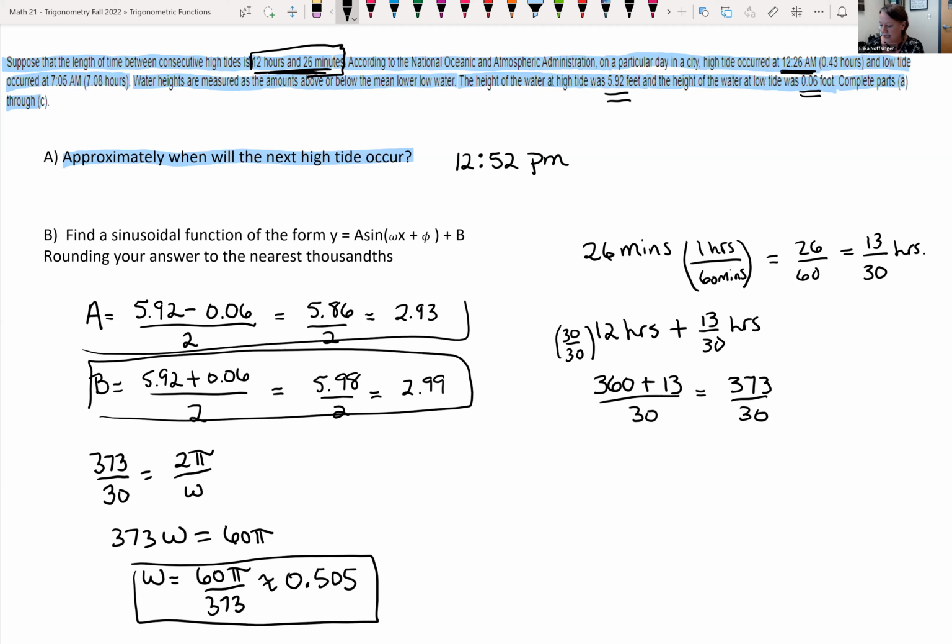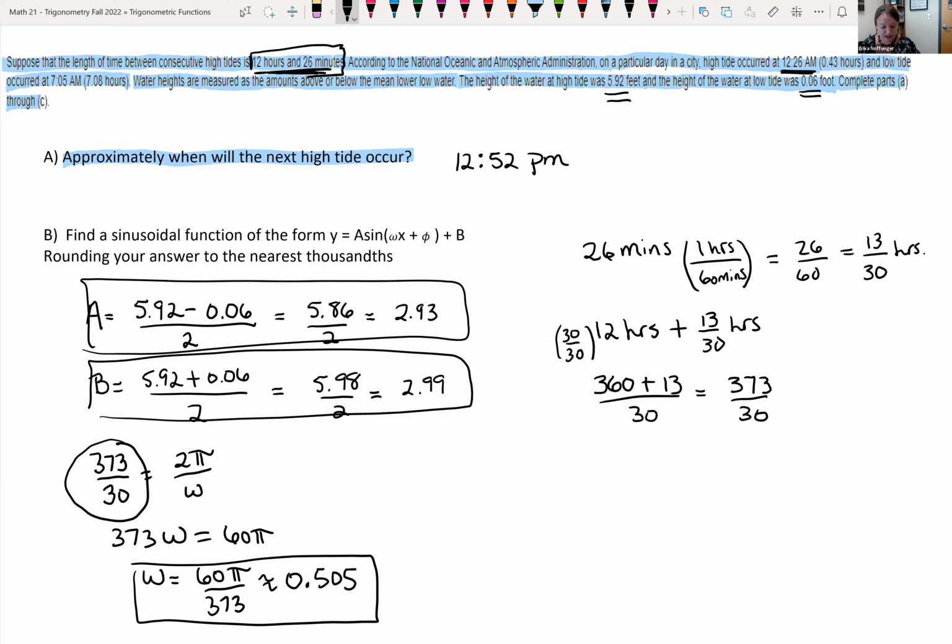We found B, we found A. Now we need to figure out what that horizontal shift is. We know that our period was 373 over 30, and we want to break that down into quarters.